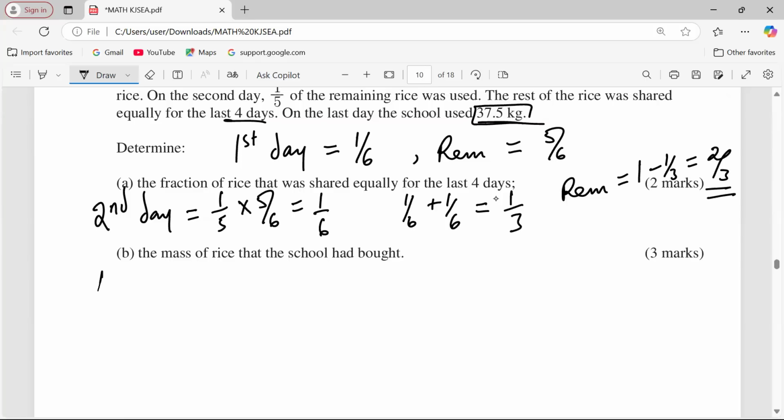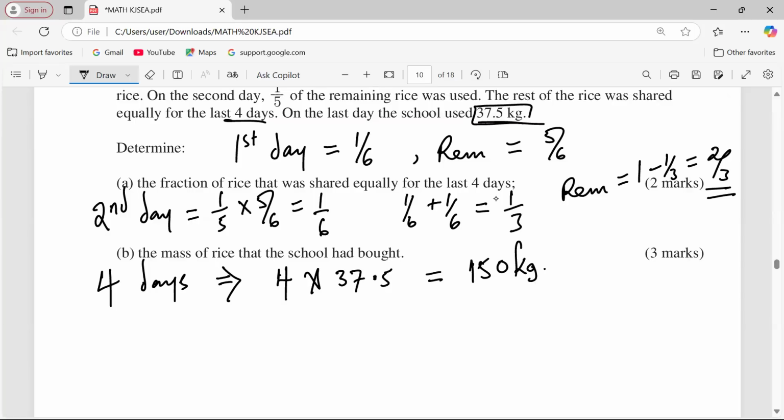So for the last 4 days, because the portion is equal, we shall have 4 days multiplied by 37.5. 4 multiplied by 37.5 will give us 150 kgs in the last 4 days.